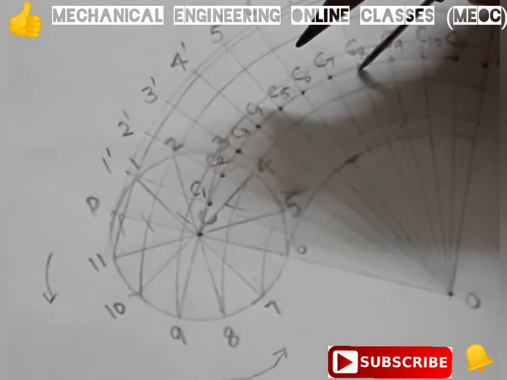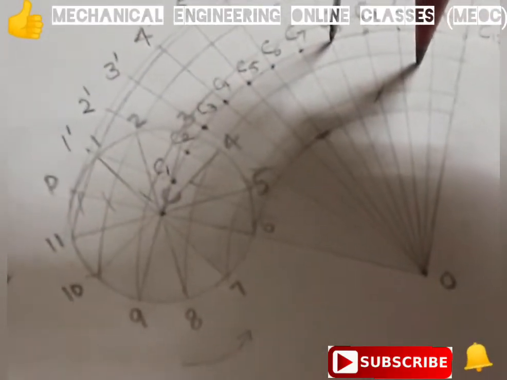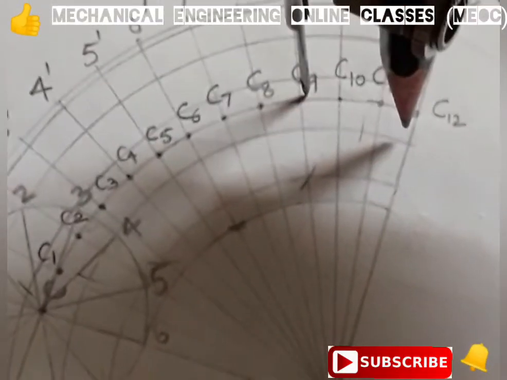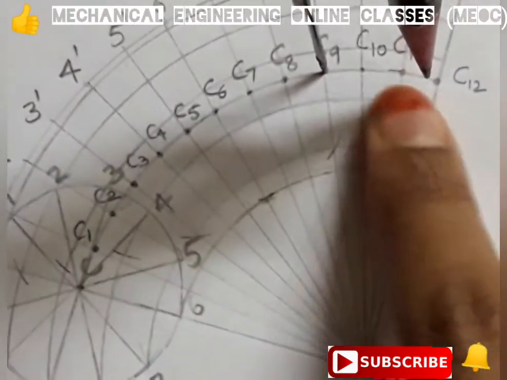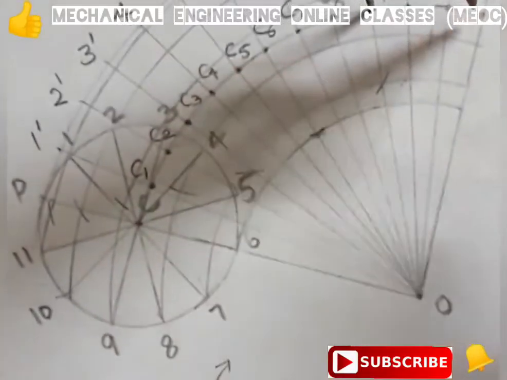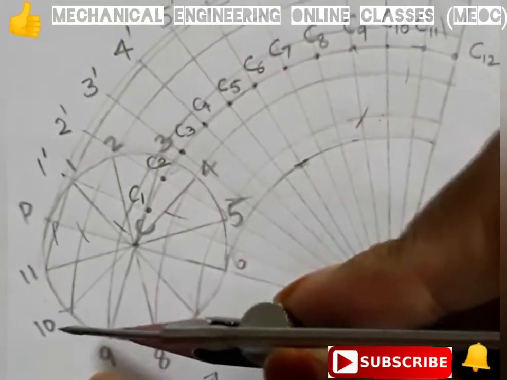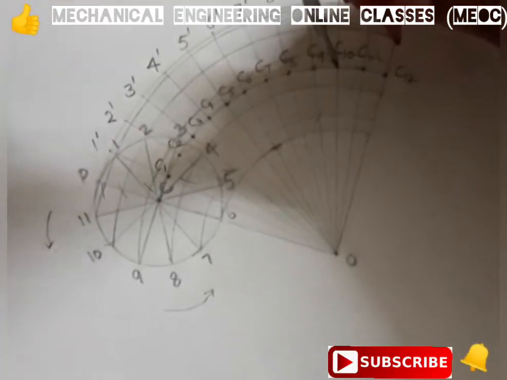Now C8 as center. I will draw an arc on the very next level. And C9 as center. Please don't cut the very next arc which is the central arc. You have to cut the arc which is passing through 3, 9. That is this. It is the arc 3, 9. Okay. Now C10 as center.